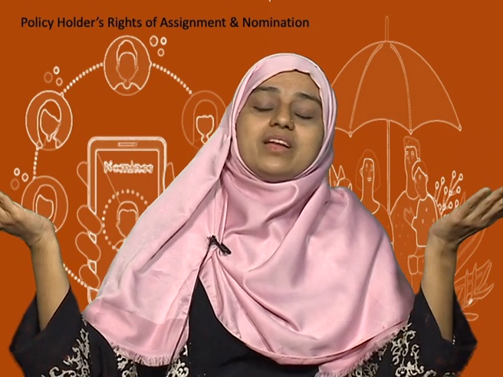Say for example, original policy was in my name, I nominated my spouse. Now I assigned the property in the name of my friend, the policy in the name of my friend. Now when my nomination stands cancelled, my spouse cannot file a case in the court of law and say that he stands as a nominee on my policy because it was assigned. So therefore the right to sue will be lost there.